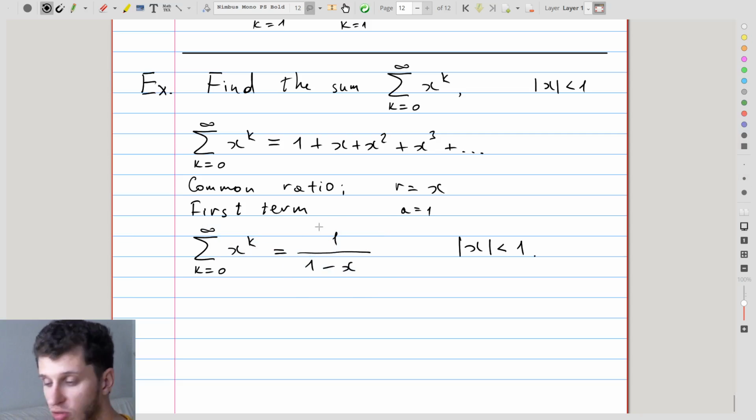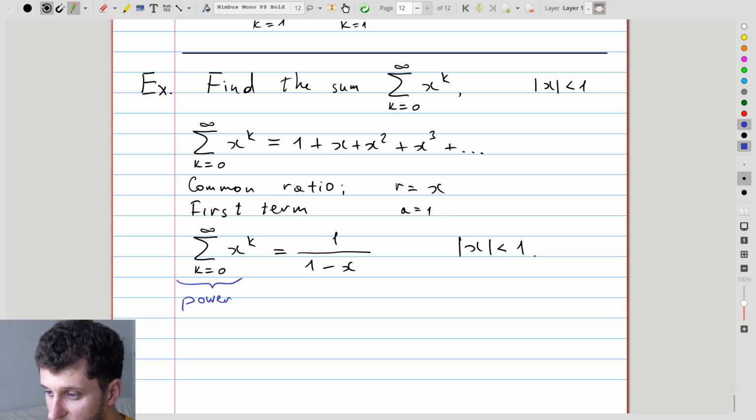So we just represented a function as an infinite sum of polynomials. This is an example of something that we will call a power series, meaning it's a series that consists of powers of x, and this representation is the expansion of the function 1 over 1 minus x into a power series.